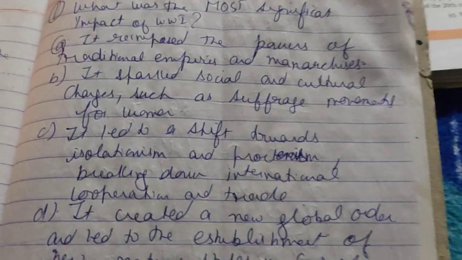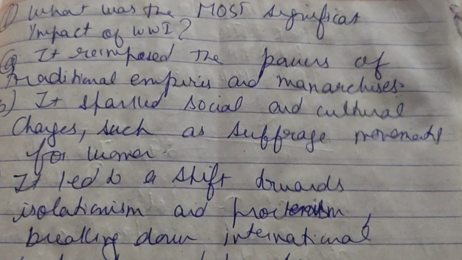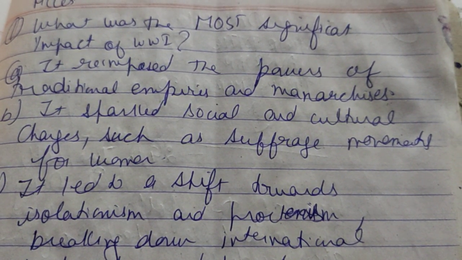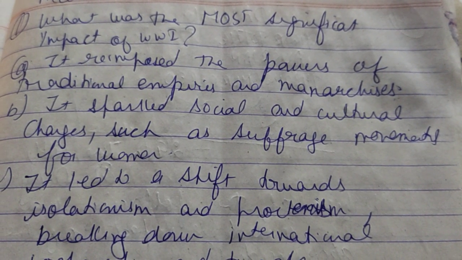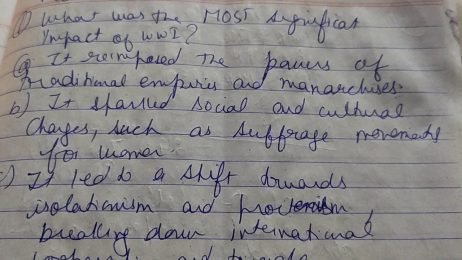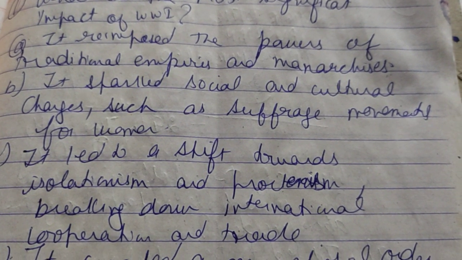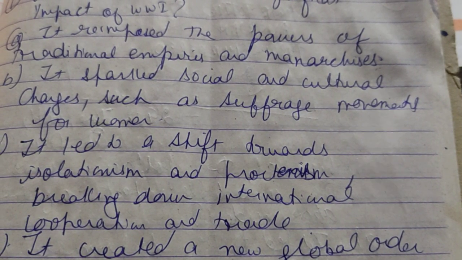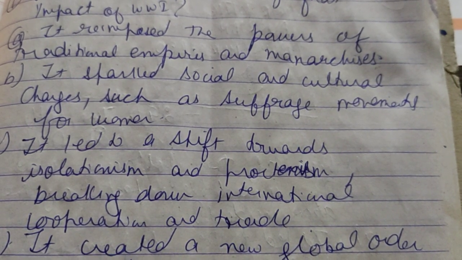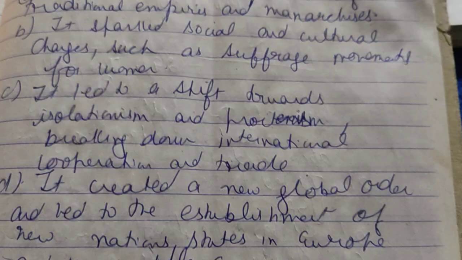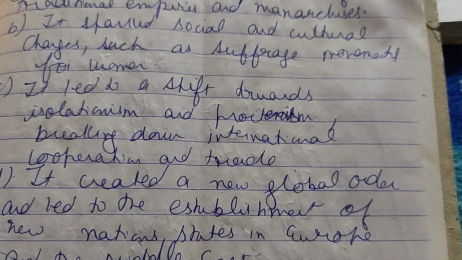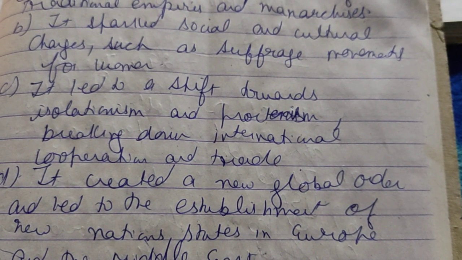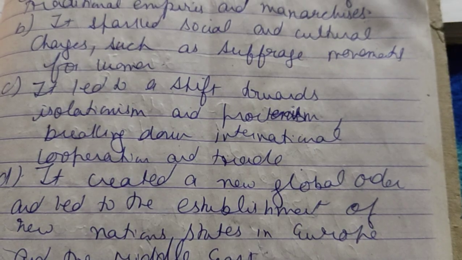So first MCQ is, what was the most significant impact of World War I? We are to write the most significant impact of World War I. Option A, it reimposed the powers of traditional empires and monarchies. Second, it sparked social and cultural changes such as the suffrage movement for women.